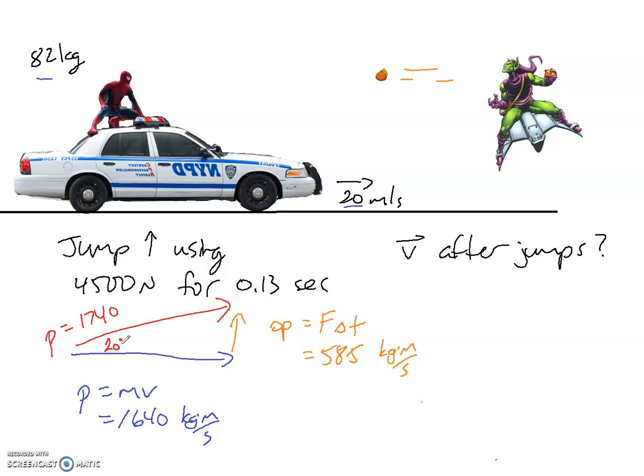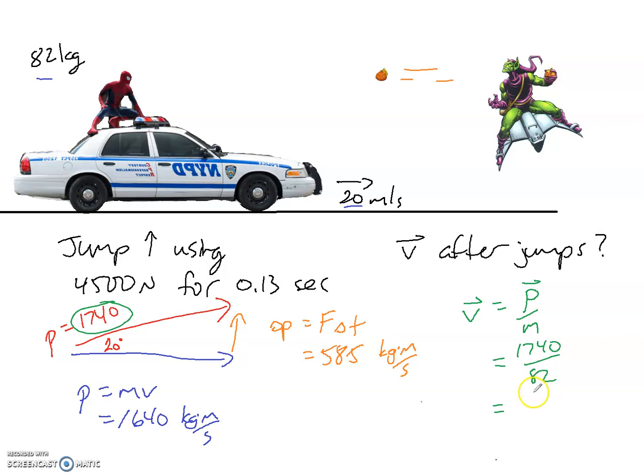So now I know his momentum after he jumps. The momentum from the car plus his jumping momentum put together got something like this. To find his velocity afterwards, velocity is just his momentum divided by his mass. Momentum is the 1,740, and I have his mass from before, so I just divide the 1,740 by his mass of 82, and I can find out how fast he's going.